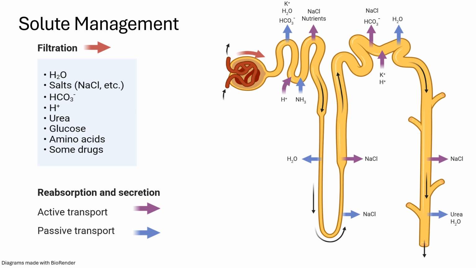Looking at this diagram, you can see that water is never transported actively. That is not something that these cells or the nephron is set up to do. They don't have active transporters for water, but they do have active transporters for solutes. And by making areas of high tonicity, we can control the direction of the flow of water.